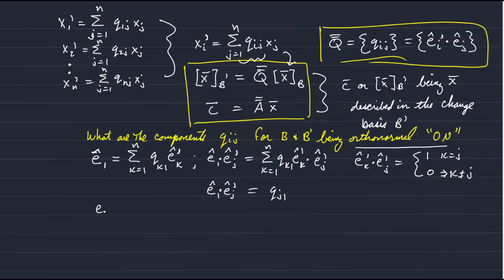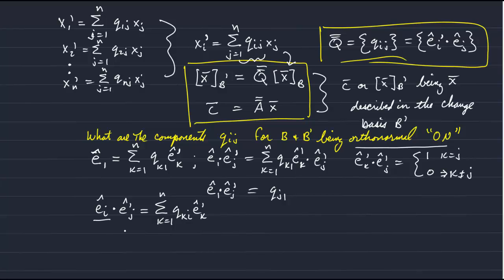We could do the same thing for any base vector, E hat i, and if we dotted that with E hat j prime, again, each vector i is a linear combination of the Q's, so we have Qki Ek hat prime.